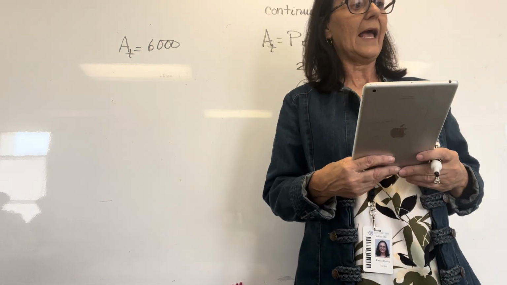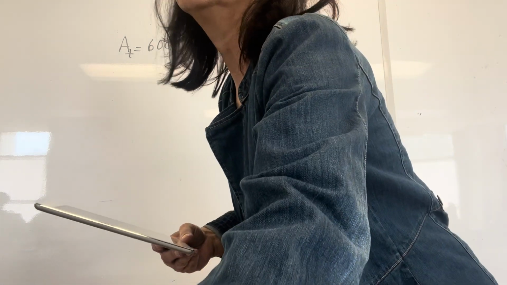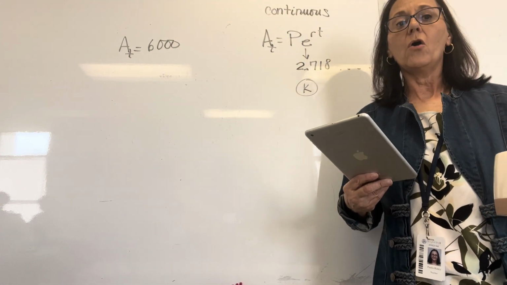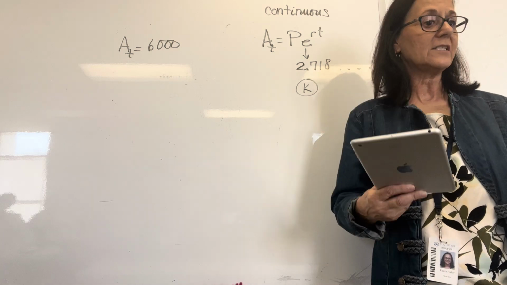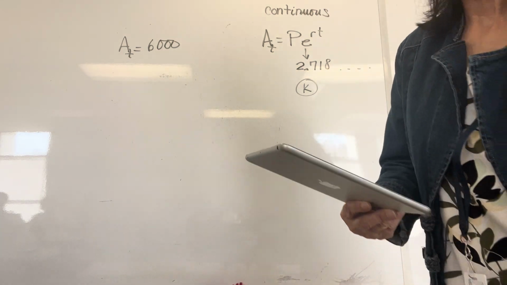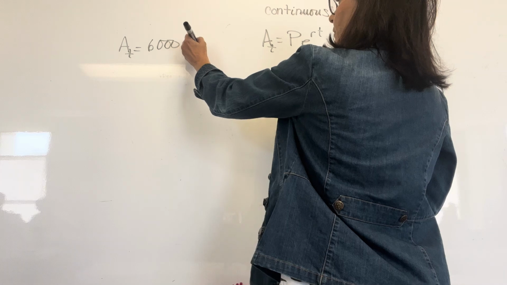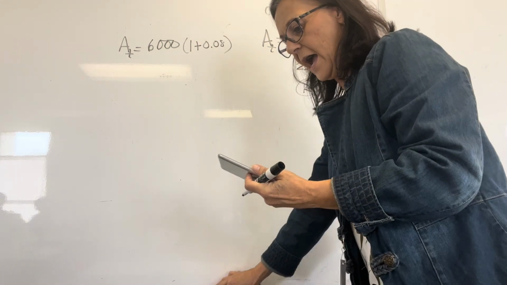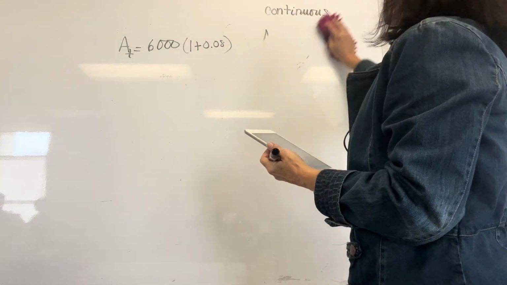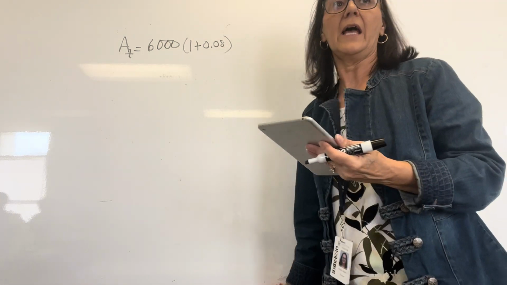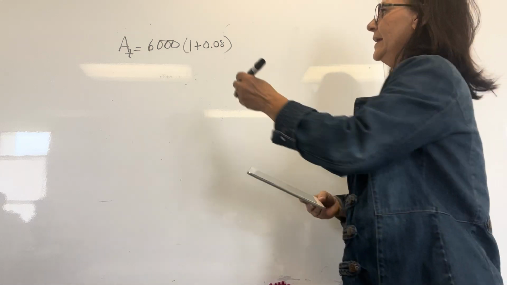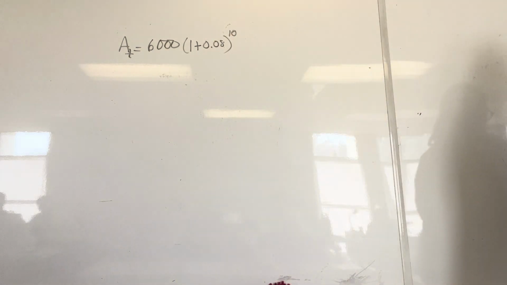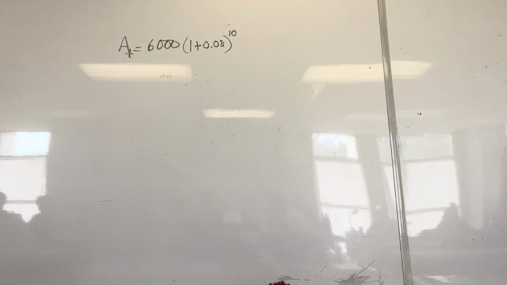How do I write the 8 for the rate? 0.08. You convert it to a decimal. So it's 1 plus 0.08. How much do I have in the account after 10 years? So what do I do with the 10? It's the exponent. Okay, we don't have to do that math. So that's an easy one.